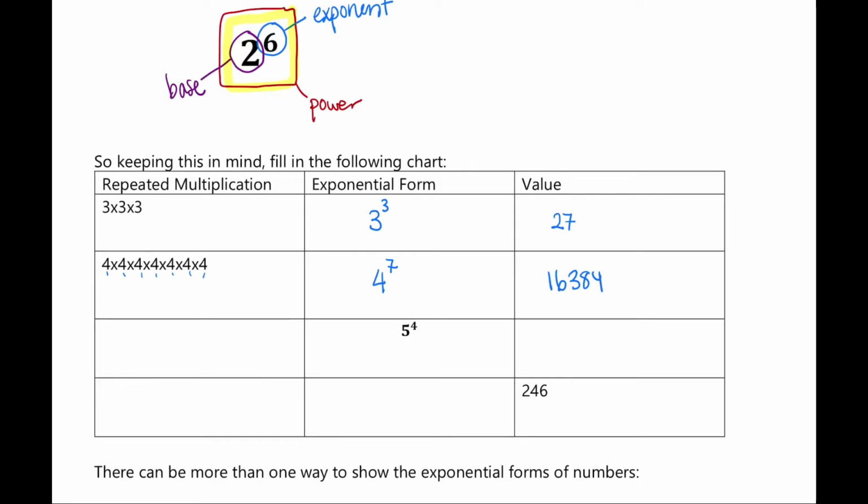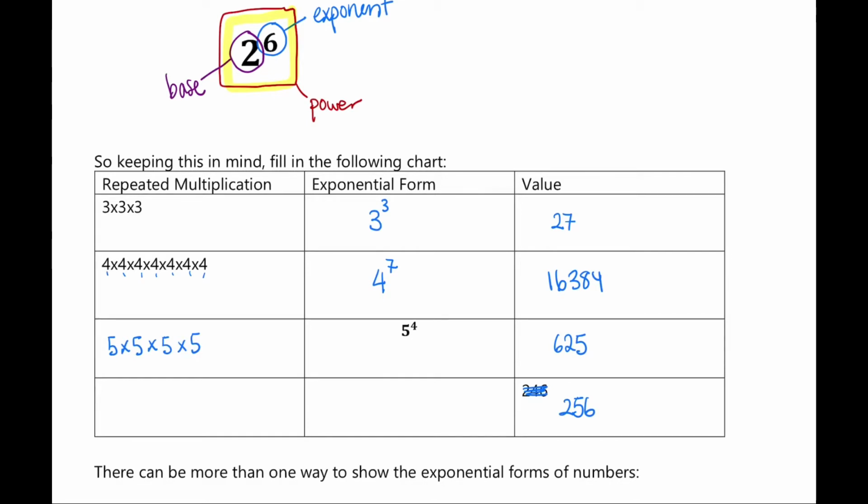All right. So next line, 5 to the power of 4. If we want to write this as a repeated multiplication, we're going to rewrite it as 5 times 5 times 5 times 5, which, when we evaluate it, equals 625. And there's a typo here. It's 256.